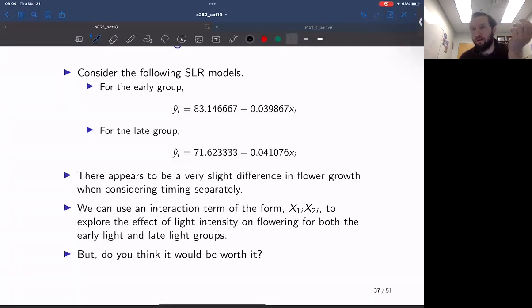They're almost equivalent in value. This would imply that realistically, we probably don't need to consider an interaction term because the values are so close, but we will anyways just for illustrative purposes. But just to give a little bit of insight into when you might want to consider an interaction, it's when, if you were to consider the groups separately, you see very different values for the slopes.